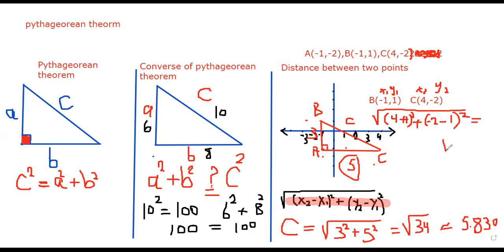It will be the square root of 34, approximately 5.83. Whichever way you choose to calculate the length of the hypotenuse, both will give the same answer.